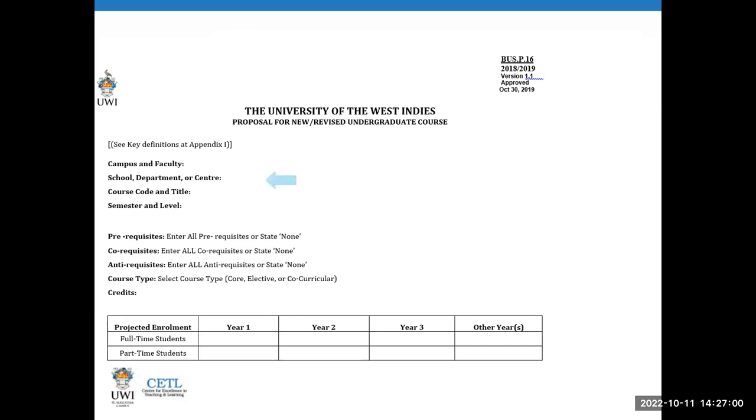And one of the reasons it may change when it goes to ACWAC is to make it sometimes more, I don't want to say just attractive, but more applicable or appropriate, because sometimes when you are focusing on the other details of the course proposal, you're probably not going to come up with the most attractive or appropriate title. You're just going to put something there as temporary and that will stay as is.